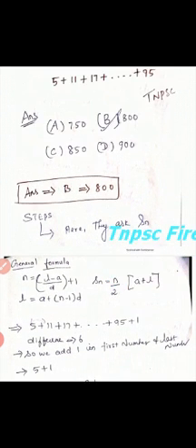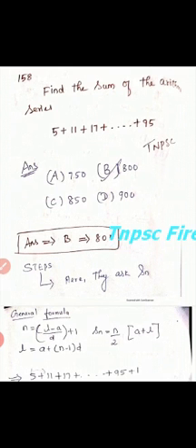So now I will give some tricks to solve arithmetic progression very easily. First of all, if they give a question, you have to find which is the arithmetic series and which is the geometric series. In an arithmetic series there is a difference between the numbers, 5 and 11.